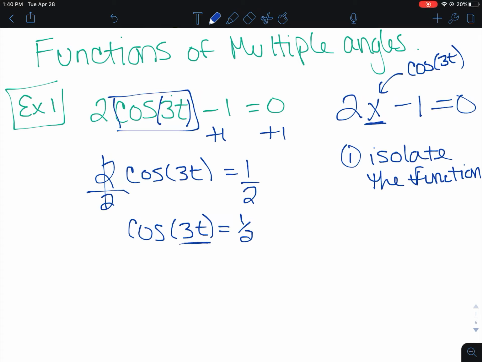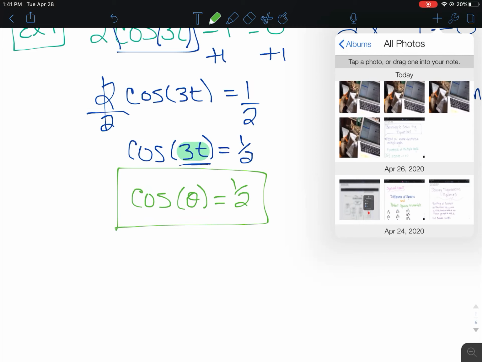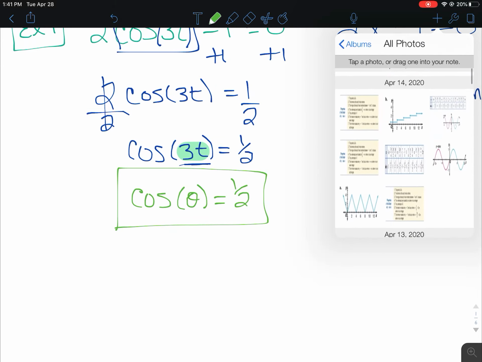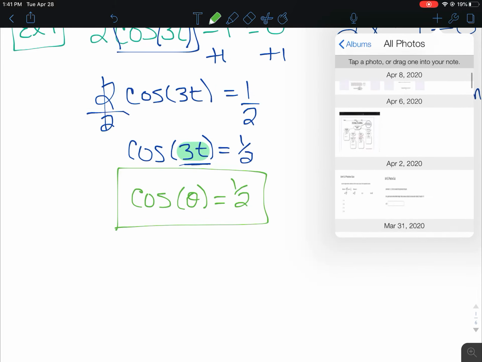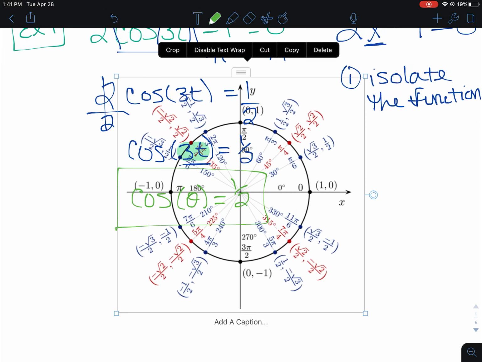It's a little bit trickier here now because I have 3t inside the function and not just x. So for simplicity, I'm going to think about this piece here as just one variable. So let's say we had the cosine of theta is equal to 1/2. This is what I want you to solve. Well, let's pull up our handy dandy unit circle and see where the cosine is equal to 1/2, what angle that occurs at.